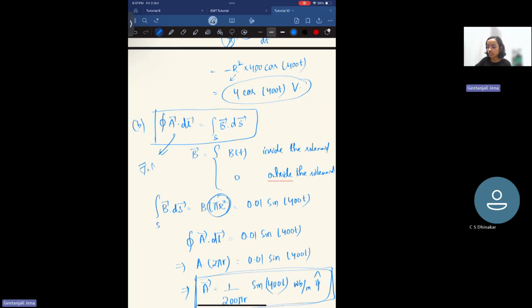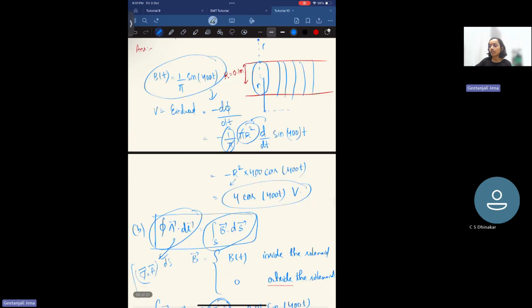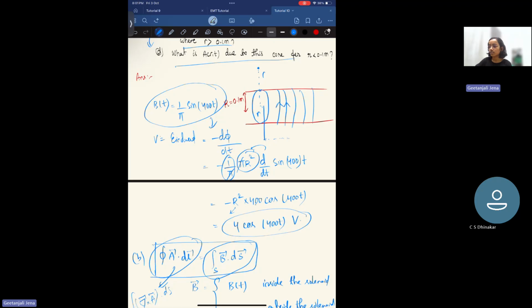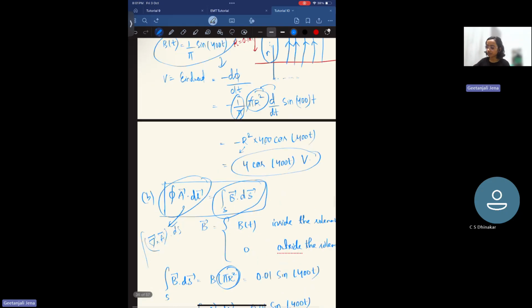It is curl of A dot ds, and curl of A is nothing but B. So if you know the magnetic flux, then we can calculate the vector potential. The direction of the vector potential is along the current direction. So the current is in this direction, and the vector potential is also in this direction. It is rotating.